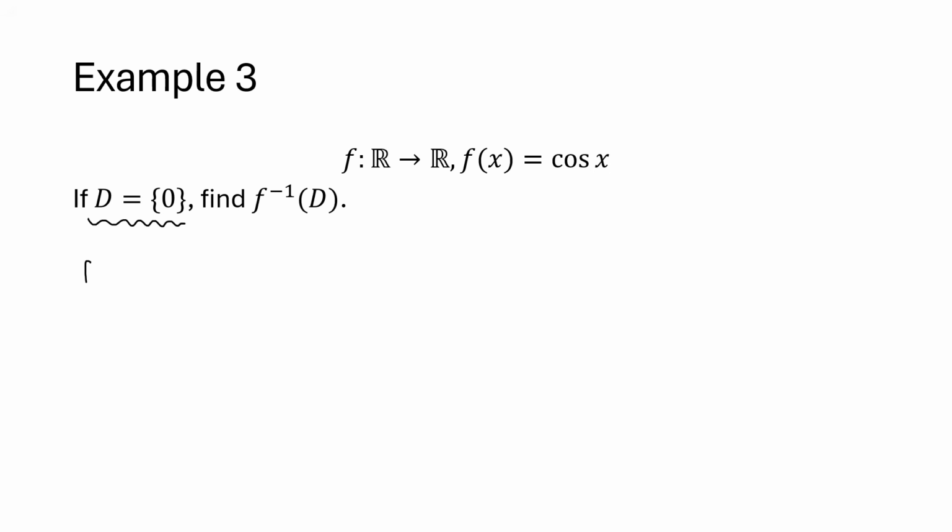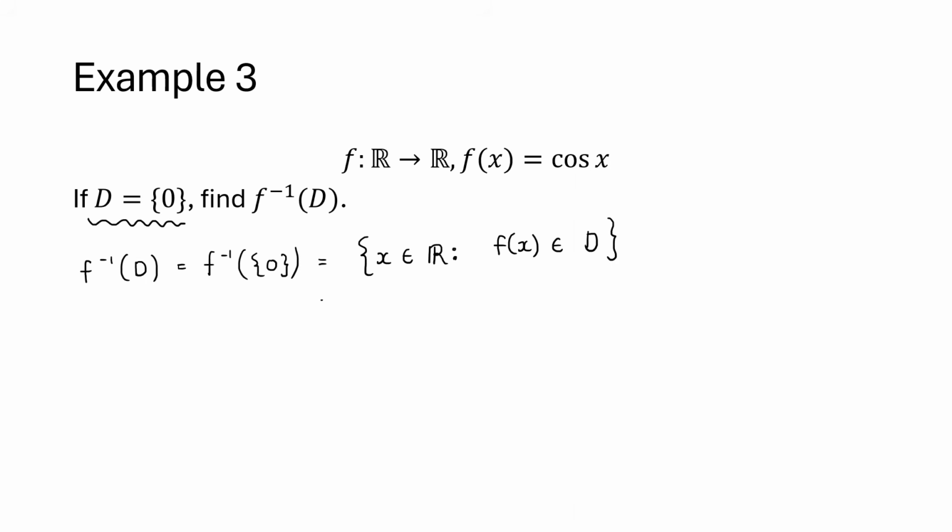Well, f inverse of D, or f inverse in this case of the singleton 0, will be all of the x's in our domain, so all of the real numbers, that satisfy the following condition: f of x must be an element of D. Now D has only the element 0.